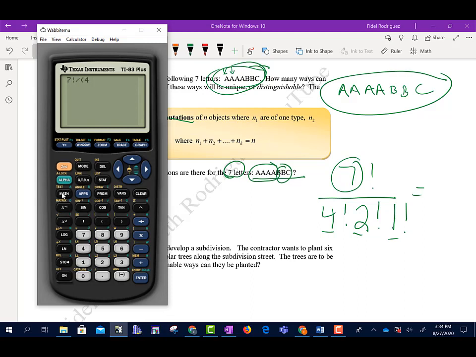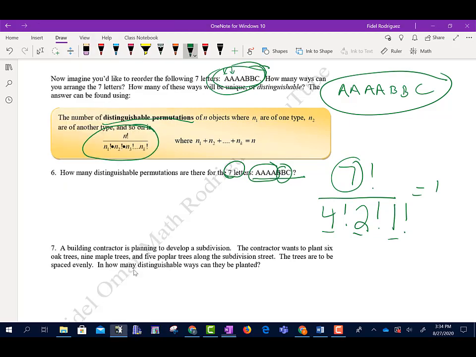So I'm going to put 4 math factorial, times 2 math factorial, times 1 math probability factorial. Close it off, hit enter, and I'm coming up with 105.